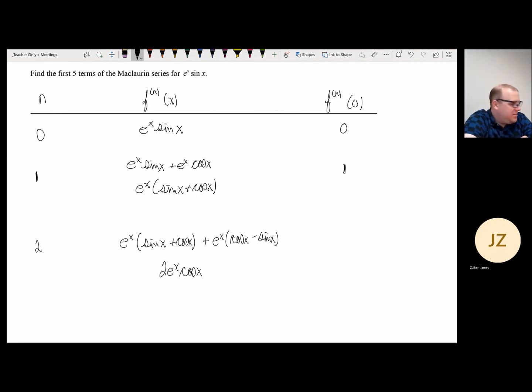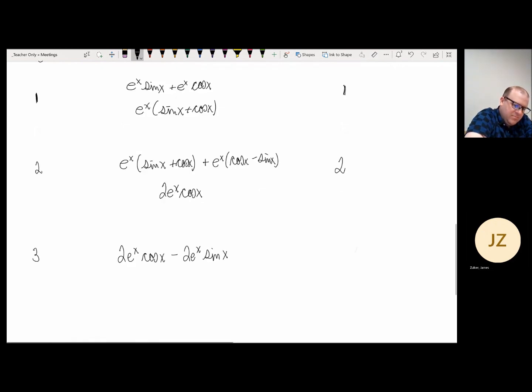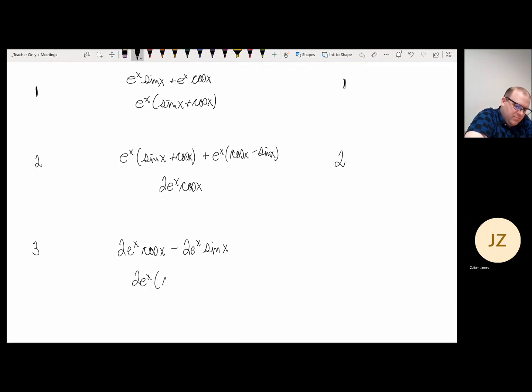Evaluate that at 0. Third derivative: 2 e to the x times cosine minus sine. Again, evaluated at 0, plus 2.